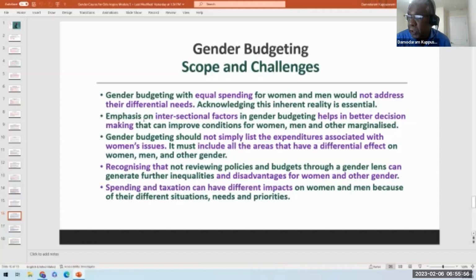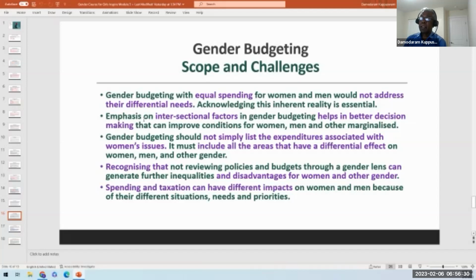So therefore, the budgeting is informed by these intersectional factors, so that it improves the conditions of women and men. What we must guard is that it is not a simple listing of expenditures that we spend on women or other gender, but we need to look at how that impacts the strategic gender needs of different people.